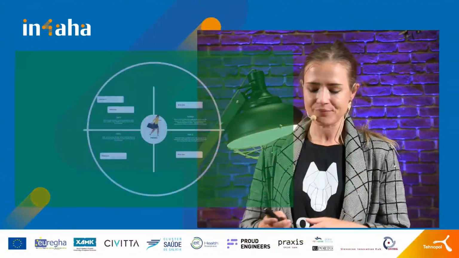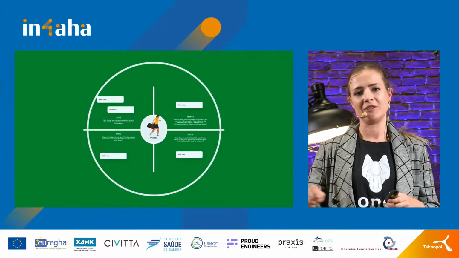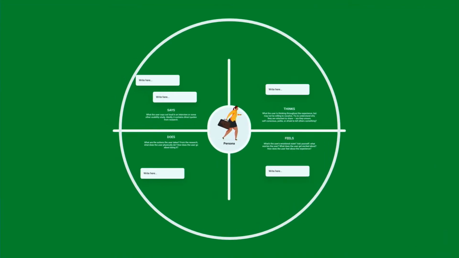And the trick here is to take the same empathy map that I showed before, but now draw a circle around that and try to ask, for these end users, if there's somebody else working in the background, and try to fill in for those people as well what they think, what they feel, what they say, what they do.